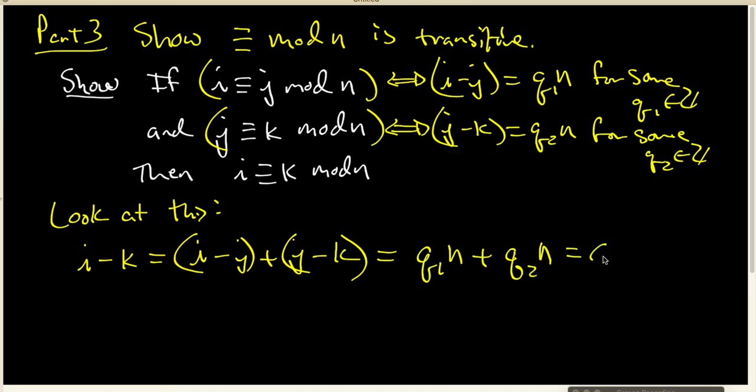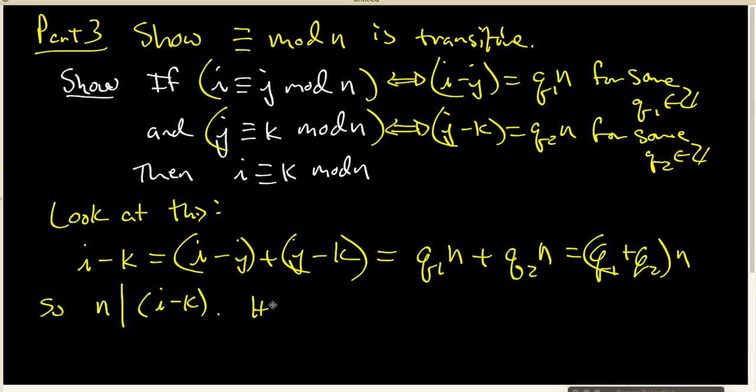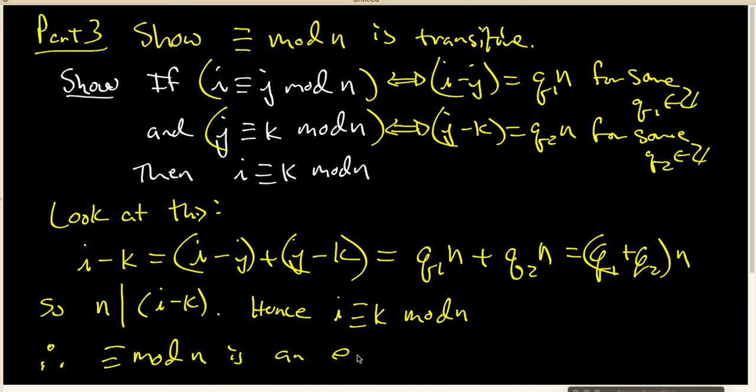And now I'm going to factor. So it does turn out that n divides I minus K, and hence I is congruent to K mod n. And since we've shown all three parts, we can now say congruency mod n is an equivalence relation.